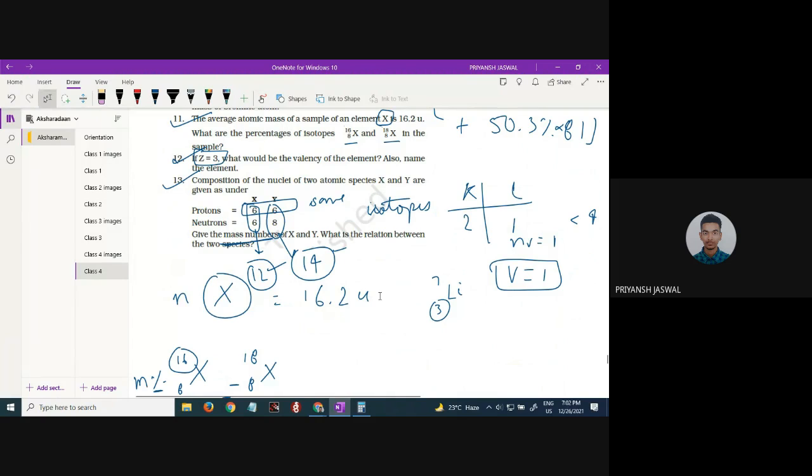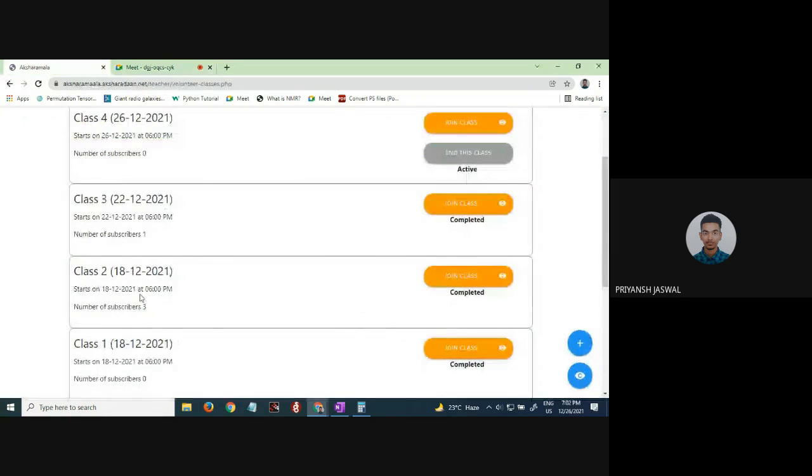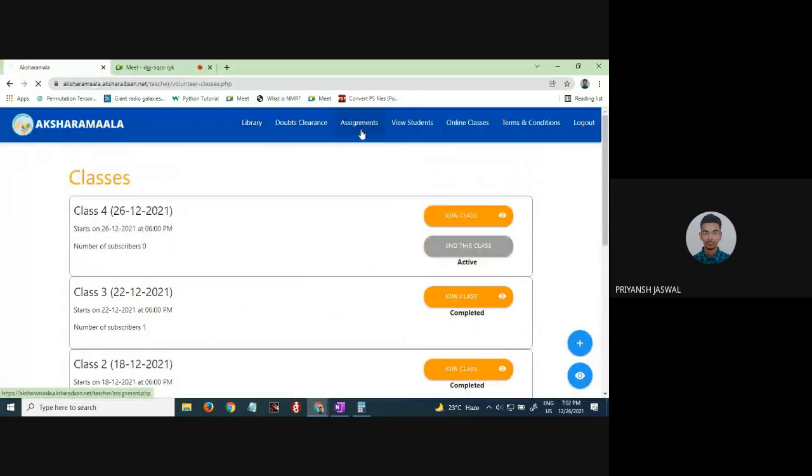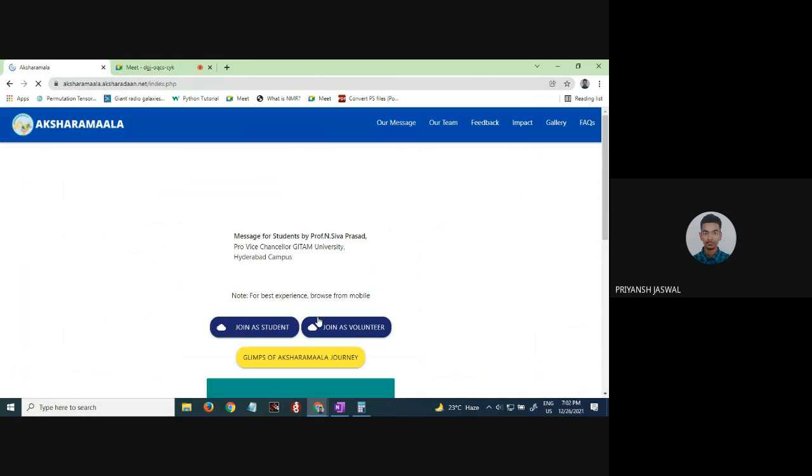I'll soon float an assignment also, although I've posted one assignment already. Where is it? This one. Assignment number 1. And the deadline, oh, it logged me out. No, never mind.